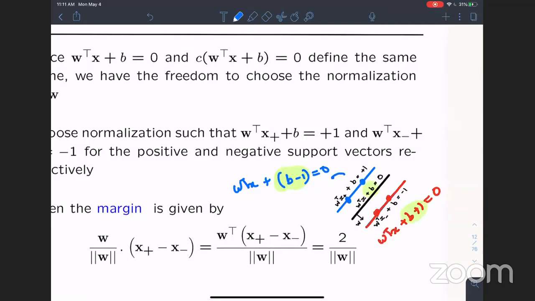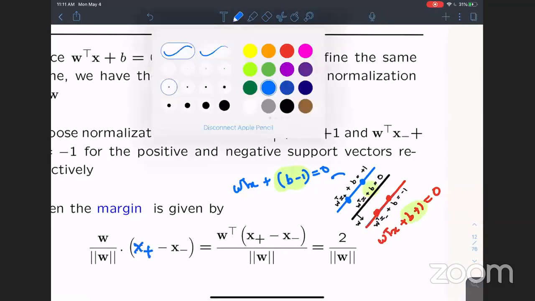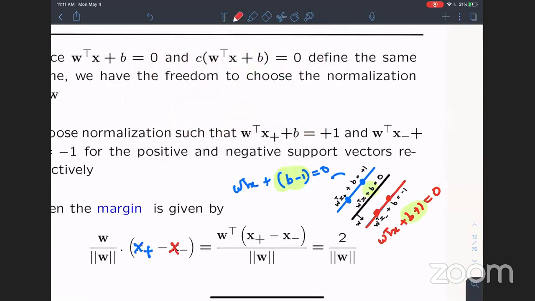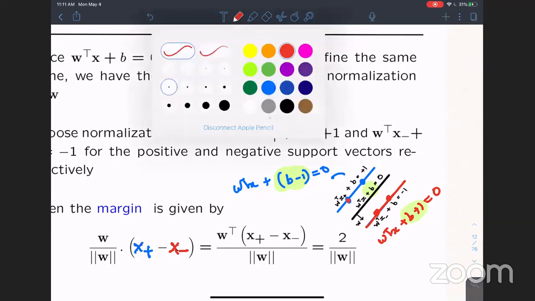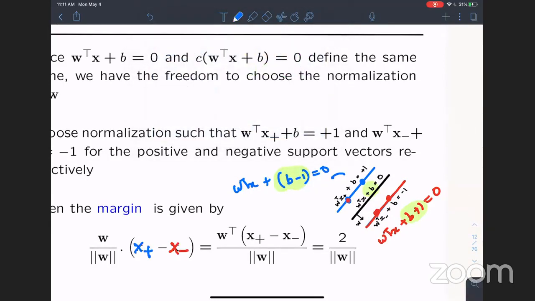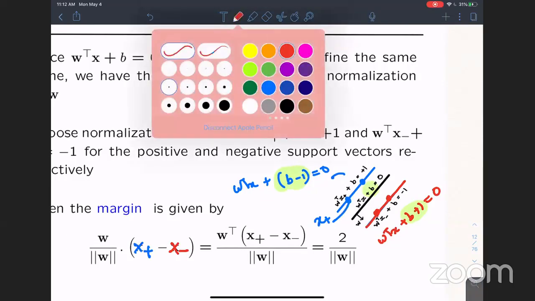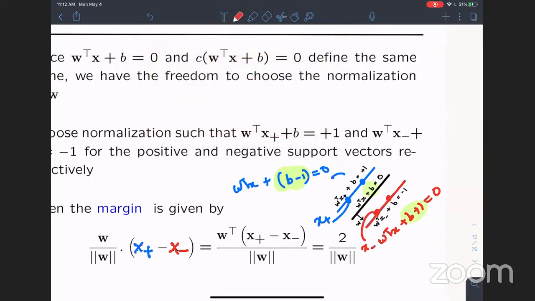So these support vectors, let's call it x plus, and this one x minus, right? So suppose we take this point, which is x plus, any x plus, and this is my x minus, right?